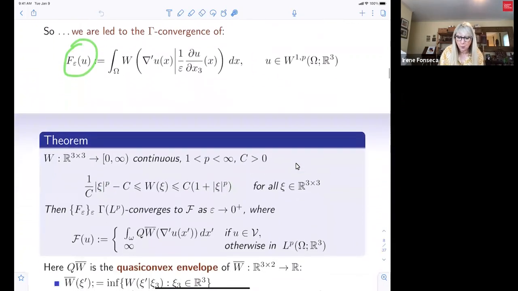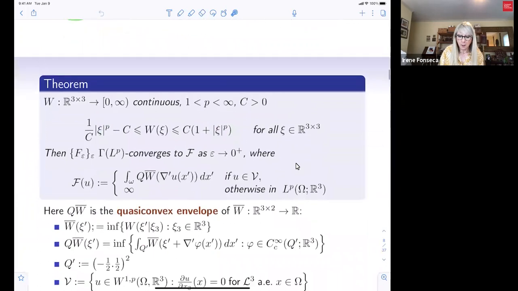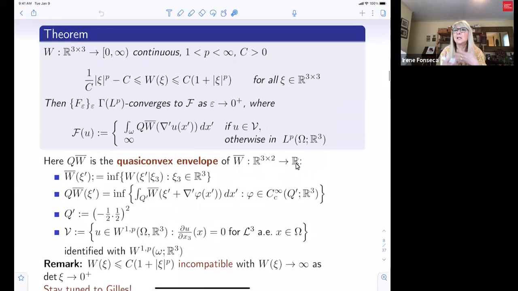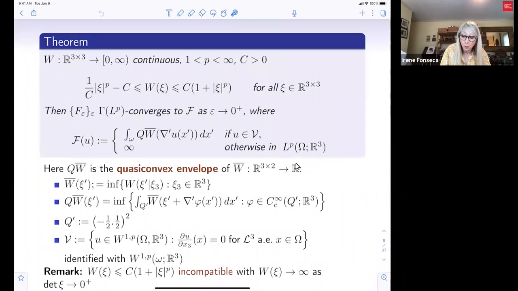the F epsilons gamma converge, and I have a very short slide to remind you of what that means, but basically it's the relaxed energy of the system to one where you integrate now over the middle plane, and your function u, I'm going to tell you in a moment what that is.